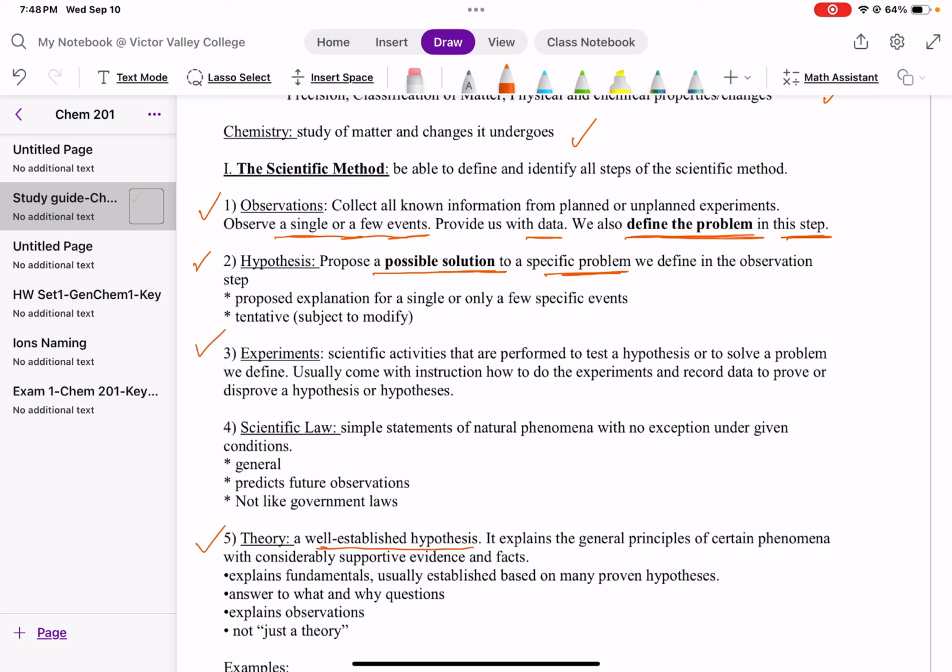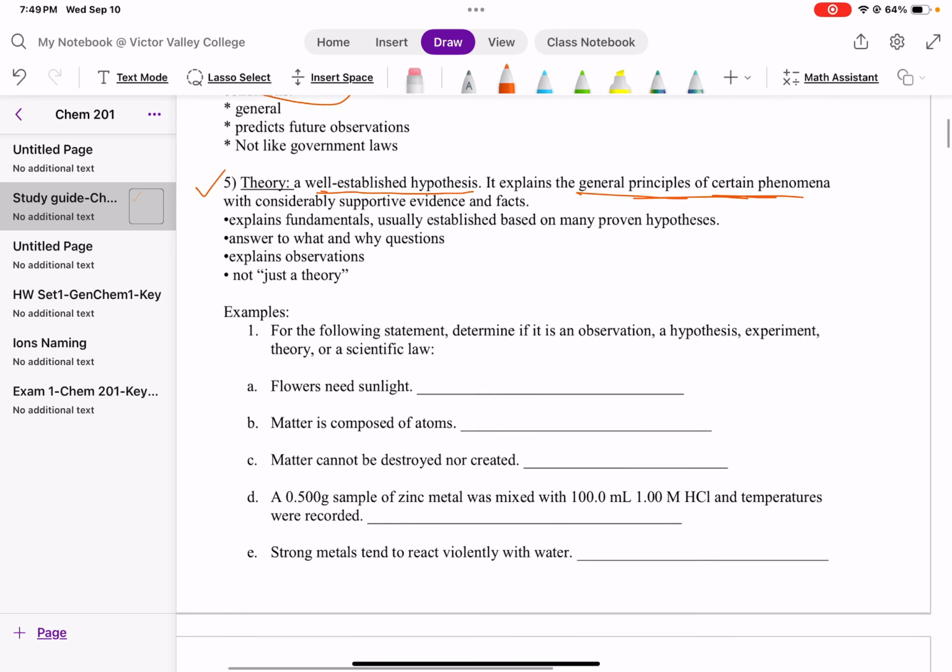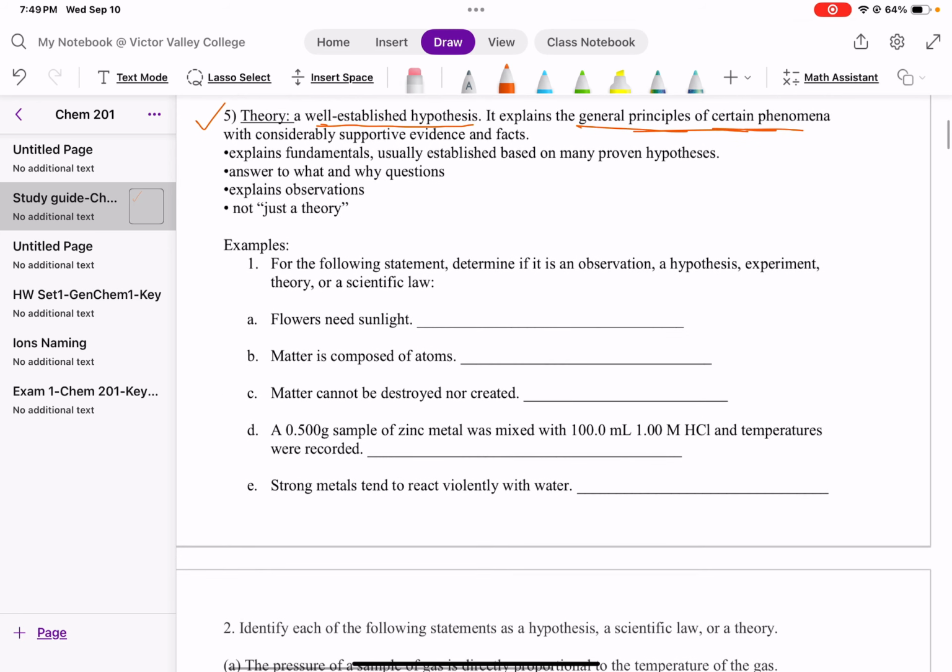We call that a theory. And it's very helpful: if the theory is good, we can use it to explain future phenomena. Now, a scientific law is an ultimate statement of natural phenomena that happens over and over again with no exceptions under given conditions, of course. Okay, so here are a few examples of the scientific method.